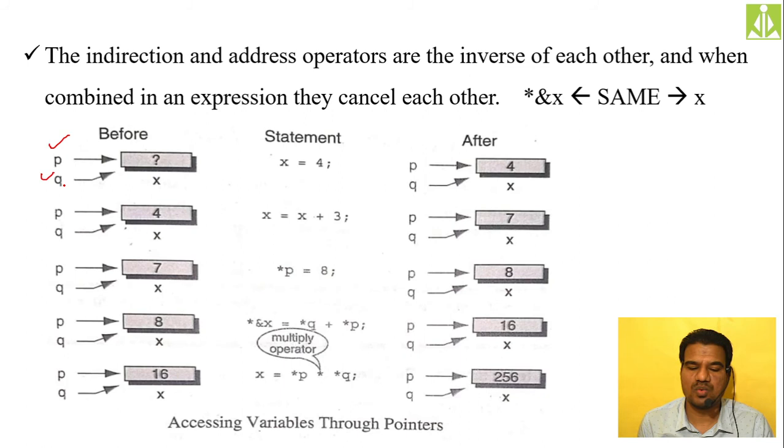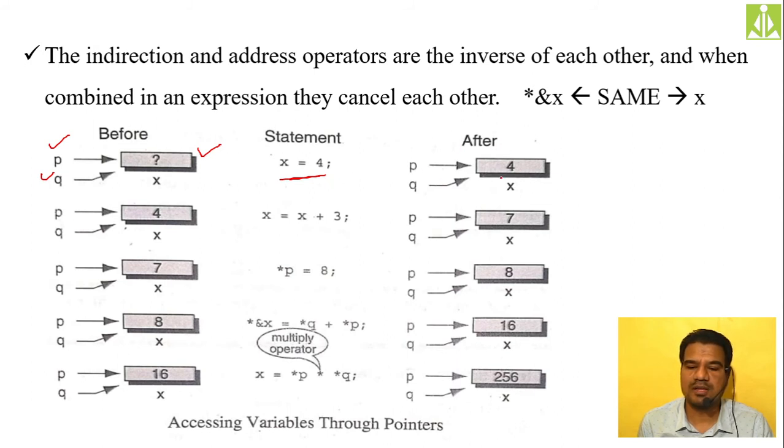This is my memory location, and for this memory location I have p and q as pointers and x as the identifier. Using the identifier I am initializing the value, so the x variable will hold 4. This is before this statement, and this is after this statement.